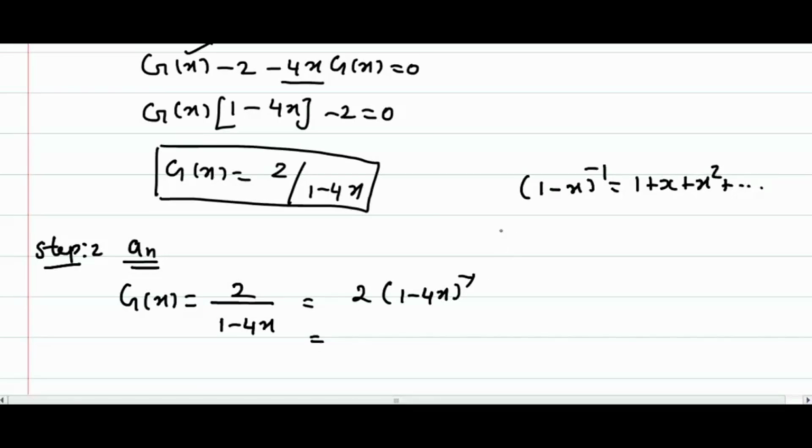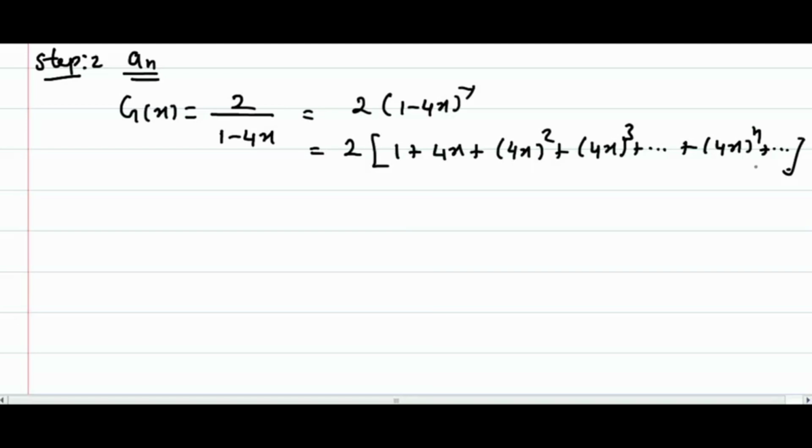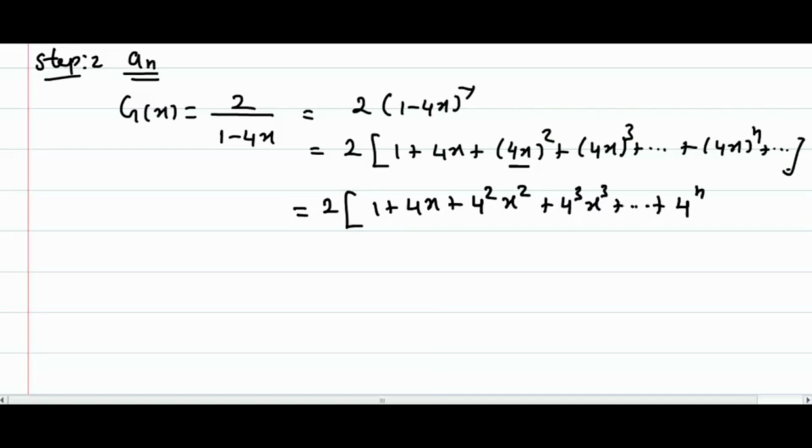So using the binomial expansion, the right side is 2 into 1 plus 4x plus 4x square plus 4x cube etc. What is the nth term? 4x power n plus etc. Now I'm going to write 2 into 1 plus 4 into x plus 4 square into x square plus 4 cube into x cube plus etc. The last nth term is 4 power n into x power n plus etc. What is the left hand side?